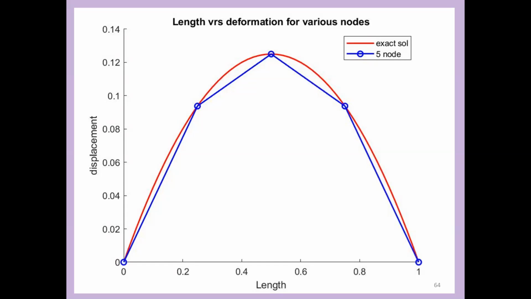Now this error is going to decrease, or you can say the accuracy of the solution is going to increase, as you go on obtaining the approximate solution using a higher number of nodes.